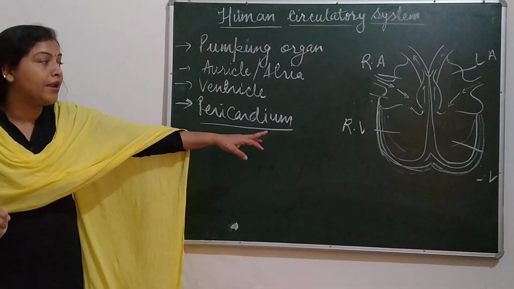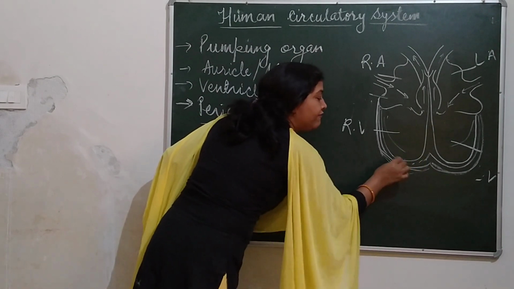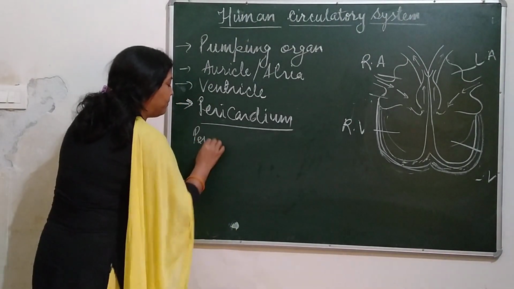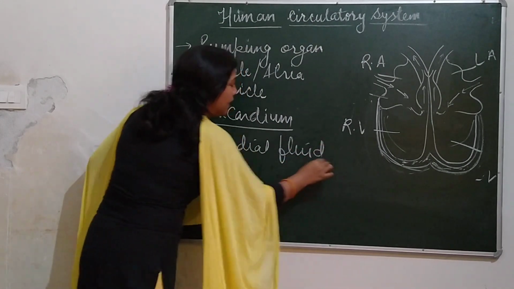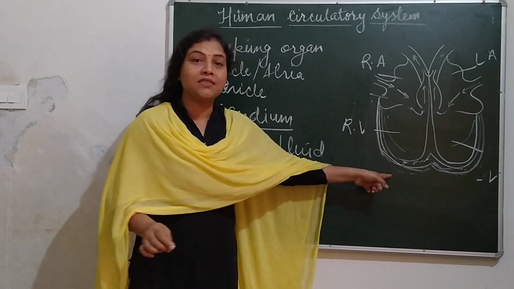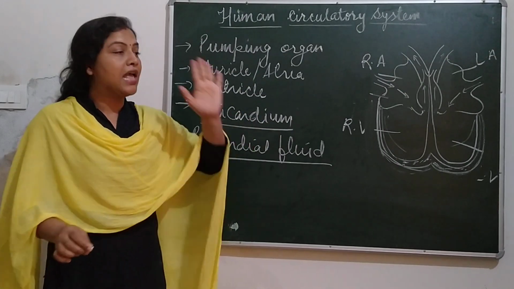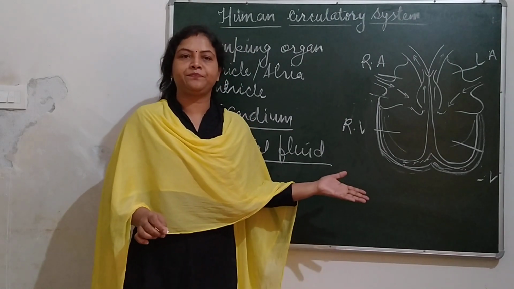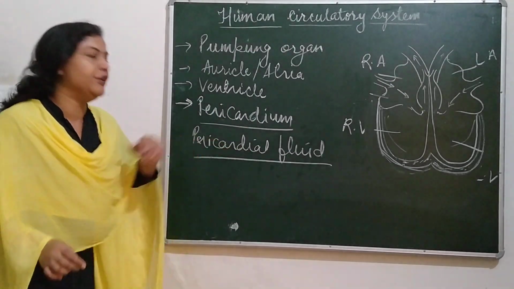Between these two membranes there is a fluid found, which is called pericardial fluid. What does it do? This fluid decreases the friction at the time of movement of the heart. At the same time, it prevents the heart from external injuries. This is the function of the pericardium and pericardial fluid.